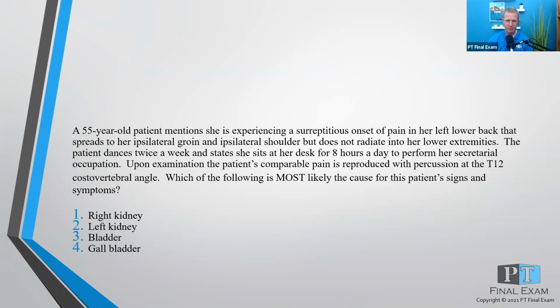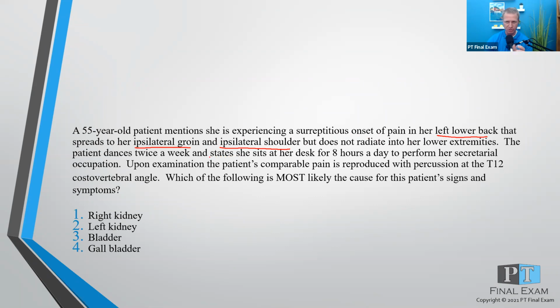All right, and time. So this one's definitely a little clearer, talking about a 55-year-old patient who mentions she's experiencing a surreptitious onset of pain, or a sneaky, insidious onset of pain, to her left lower back that spreads to her ipsilateral groin and ipsilateral shoulder, but does not radiate into her lower extremities.